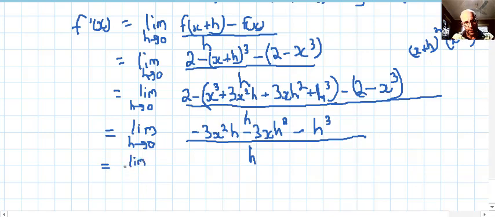So it's the limit as h approaches 0 of negative 3x squared minus 3xh minus h squared.